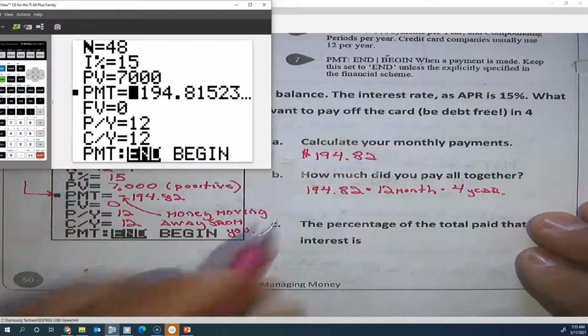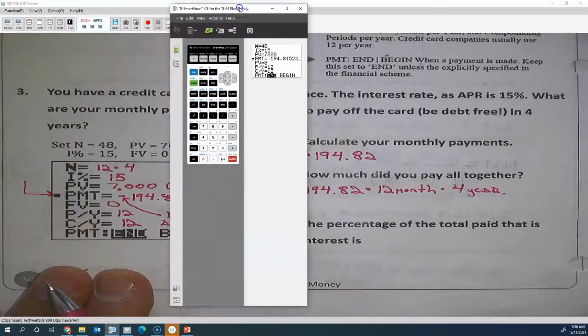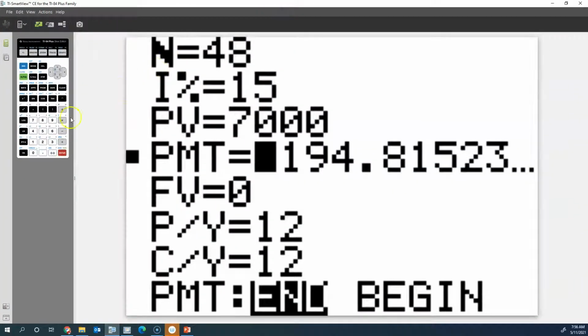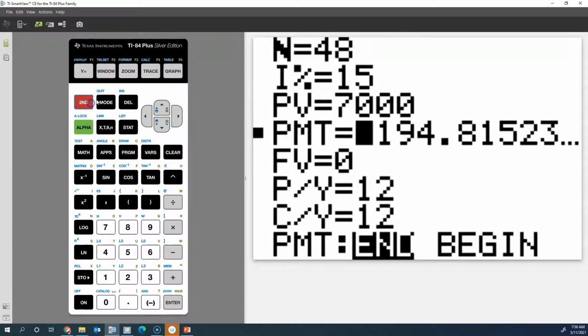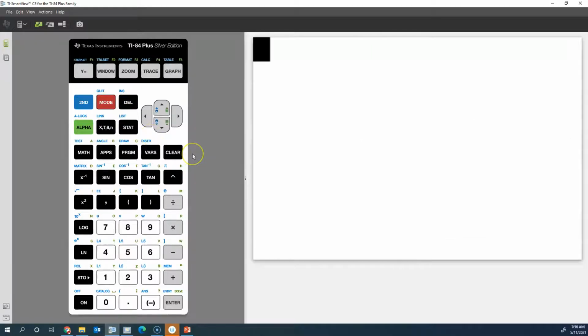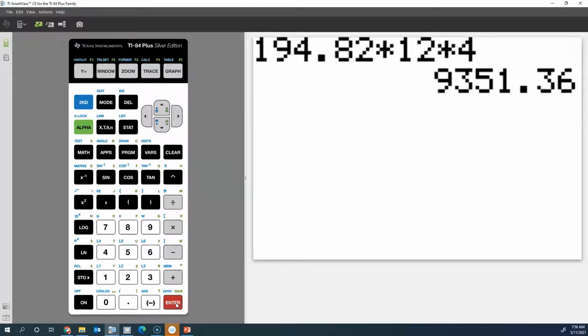And this you just do on your calculator regular. Okay, so I'm going to clear this. I just go second, quit, and it takes me to my home screen. And now I put in that amount, 194.82 times 12 times 4. Okay, so altogether I paid $9351.36.